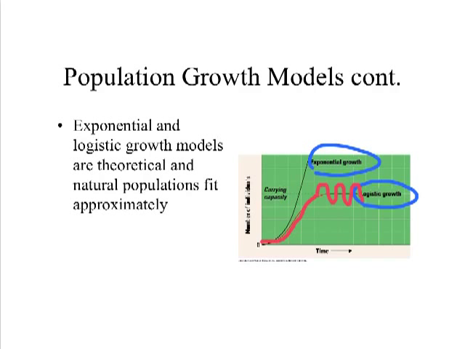It's not going to be like this smooth line where for every one mouse that is born, one mouse dies. It's not that instant. So we have to think of them as theoretical models and know that populations are going to approximately fit these types of models, but not to the T.